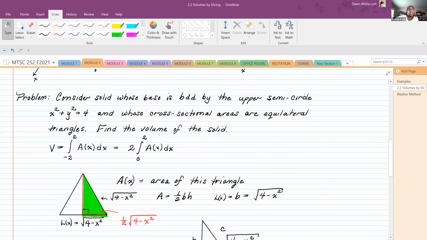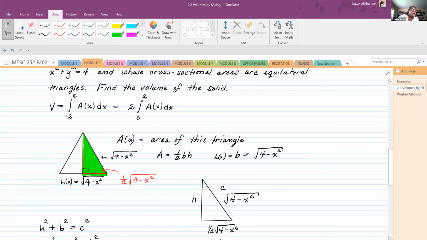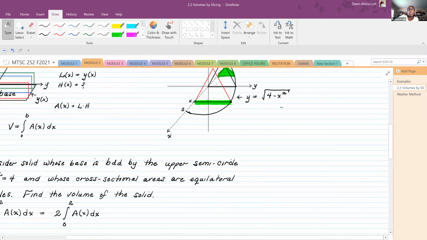So I needed to find the area of the triangle. I'm trying to find the area of the whole triangle, which is 1/2 the base times the height. But we already know that the base of this whole thing lays just like that, where this dot right here is on that curve.